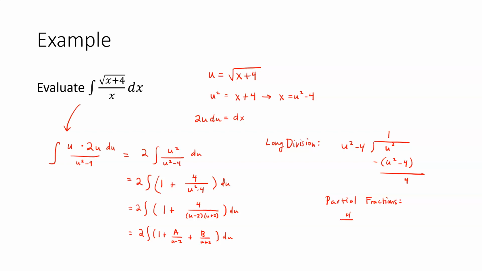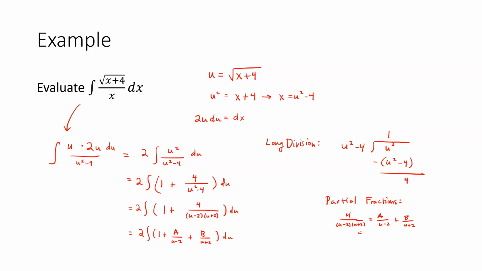We started with 4 over u minus 2, u plus 2 equals A over u minus 2 plus B over u plus 2.